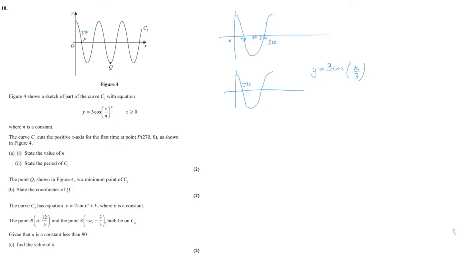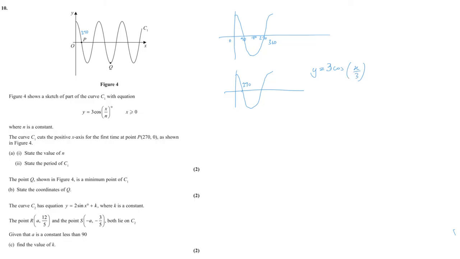Because when you're dealing with transformations, inside the brackets deals in the x direction, and you always do the opposite. So 3 times the size in the angle would be divided by 3. If this had been 30 degrees, then it would have been a 3x.